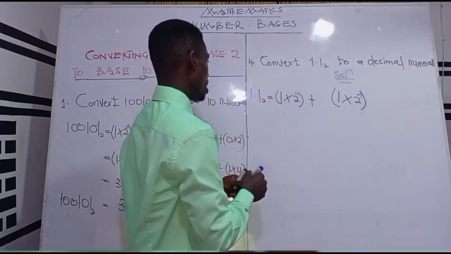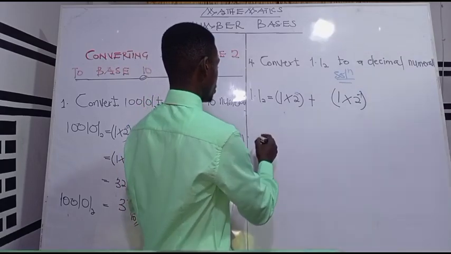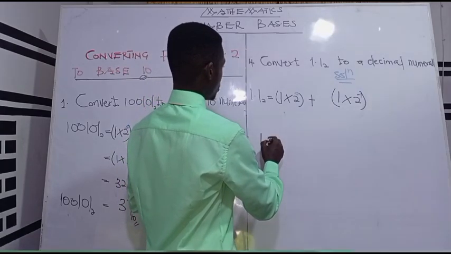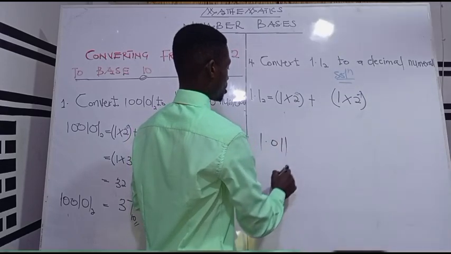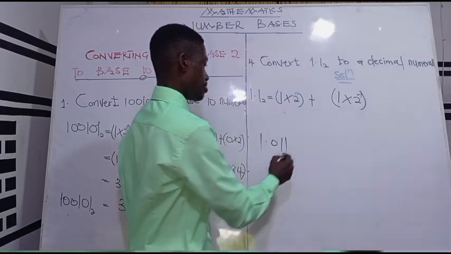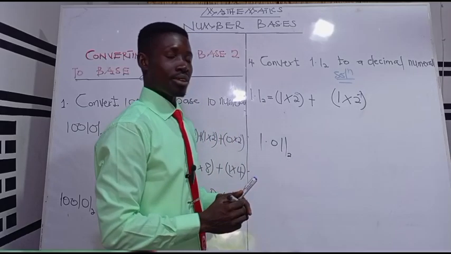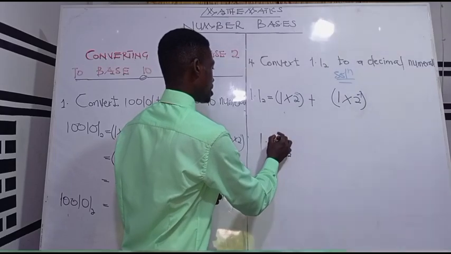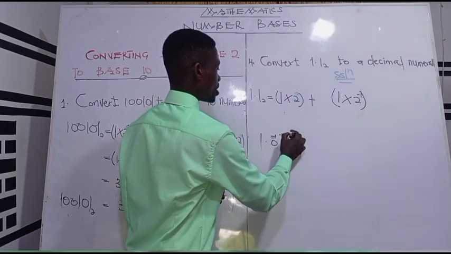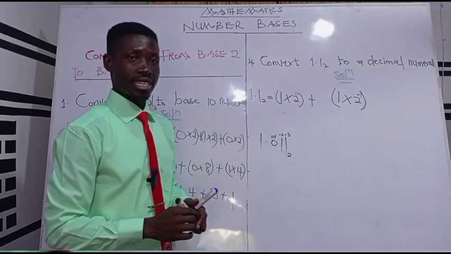So assuming that you have 1 point, let's say 011, in base 2, when we are counting, it is going to be -1, -2, -3. Are you getting the clue?